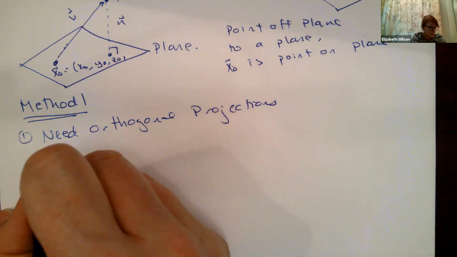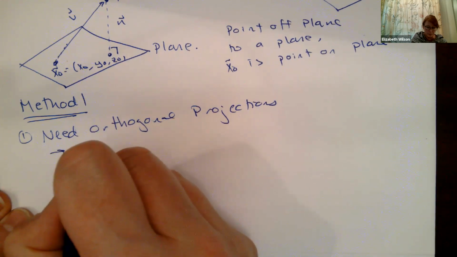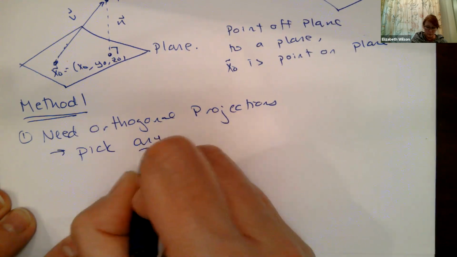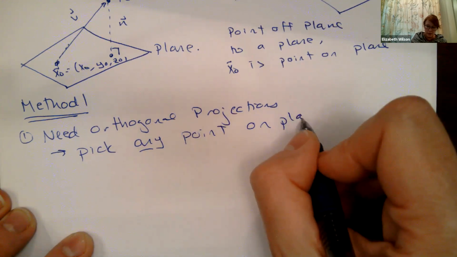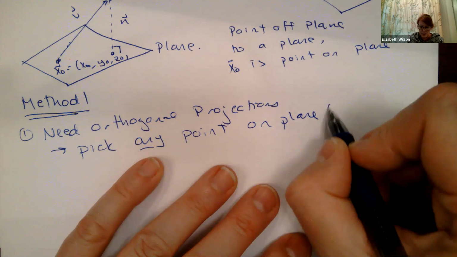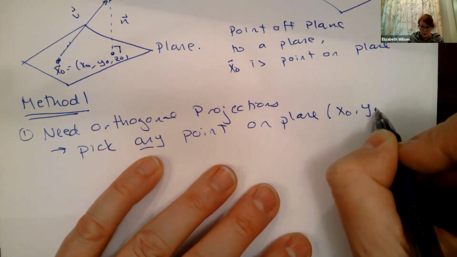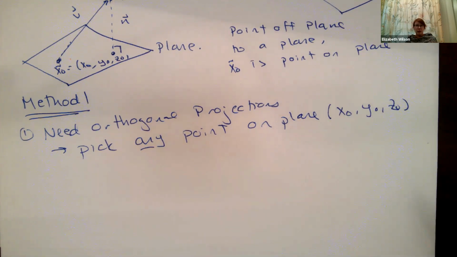The first step is to pick any point on the plane. It's usually one of your intercepts because it's the easiest one to get. Maybe you're given a point on the plane and you can use that, or you could just generate a point on the plane, but you're going to pick a point on the plane.